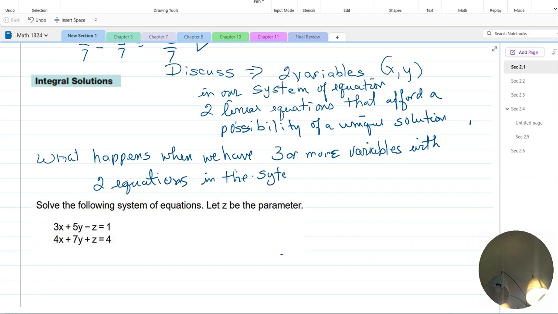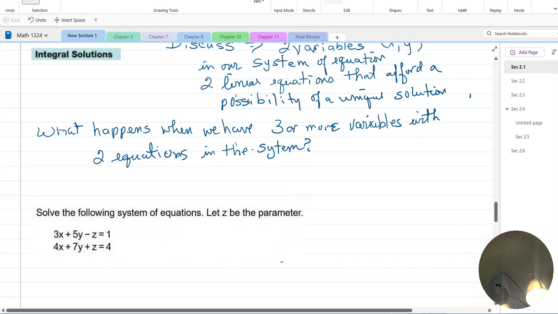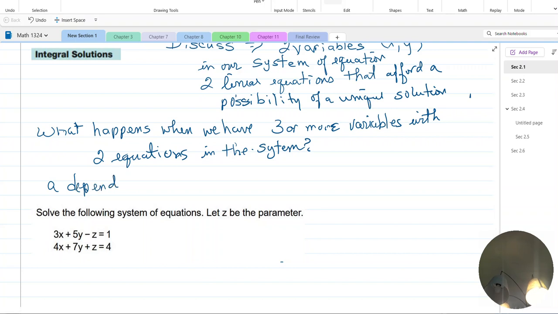Well, this question leads us to a dependent system. Occurs. And this means there's criteria to follow.